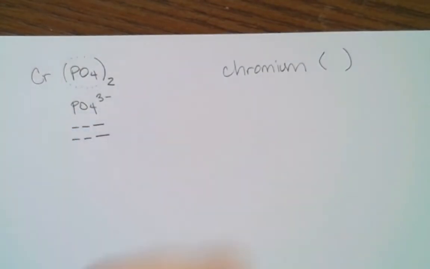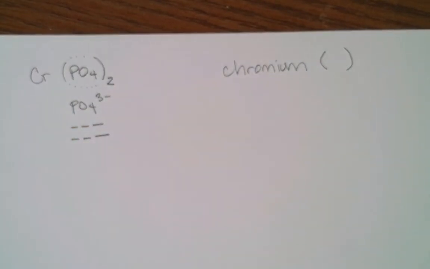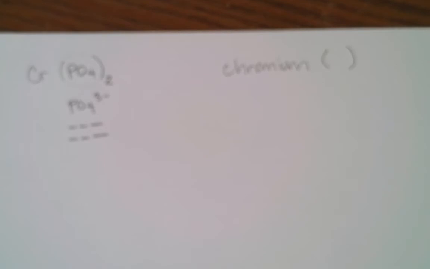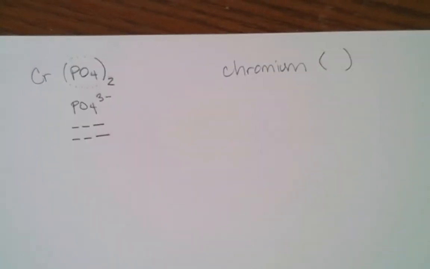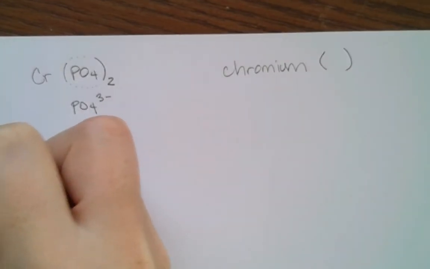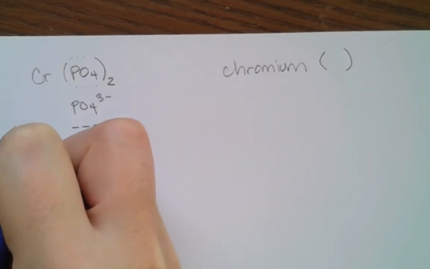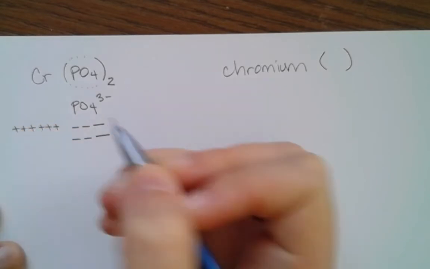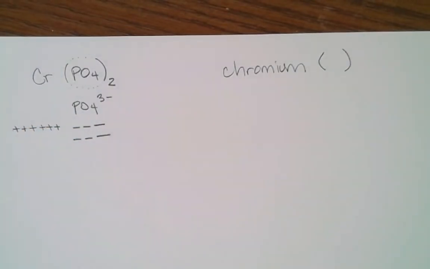How many minus charges altogether here? 6 minus charges. So how many plus charges must be on your chromium? 6. This is a plus 6 chromium. We only have 1 chromium ion, and it gave away 6 electrons to those 2 phosphates because each phosphate took 3 electrons.